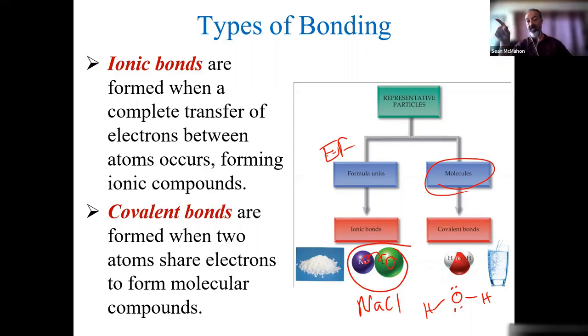So you actually do form individual molecules. So for covalent compounds, that's the plural of the singular molecule. That's not really the case with ionic compounds. The singular of that would just be the formula unit, but there's actually no molecule for ionic compounds.